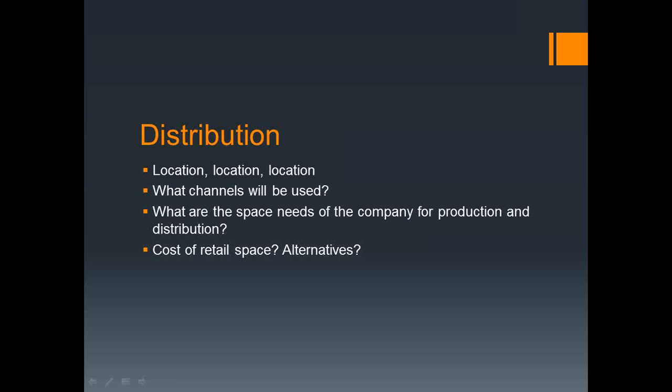How can they get the product out efficiently and in enough quantity without huge cost to them to get it into the marketplace? So where is it best for them to locate? It might not be in your city, in other words. They may have to start up their business 3 states over or something like that.